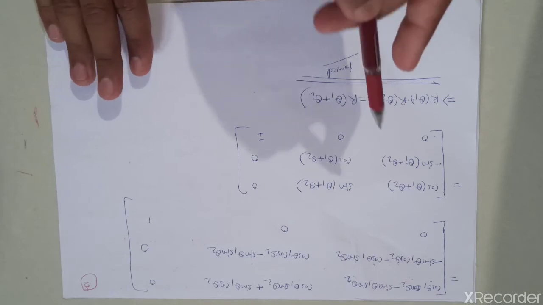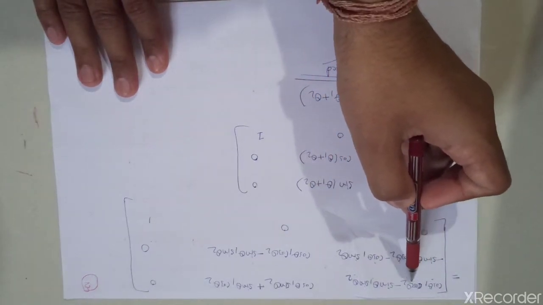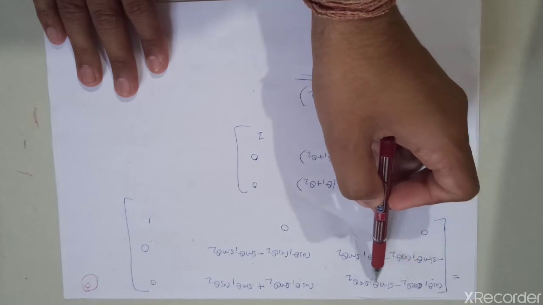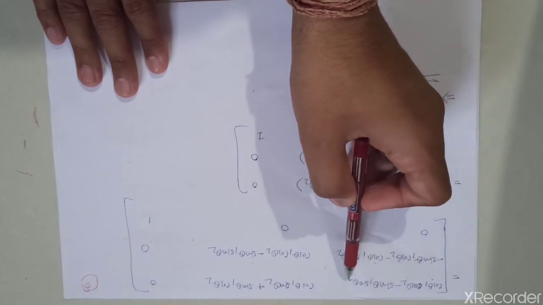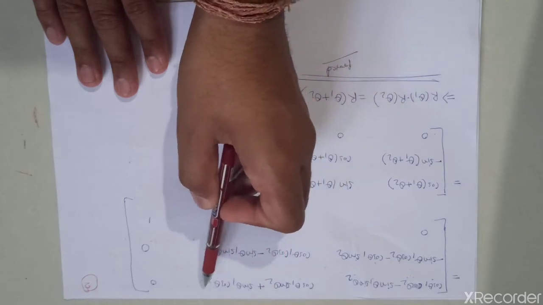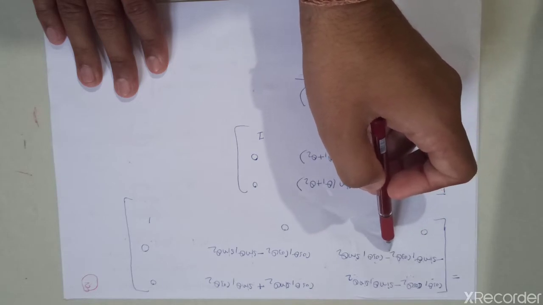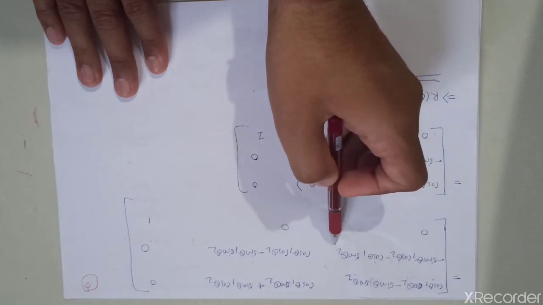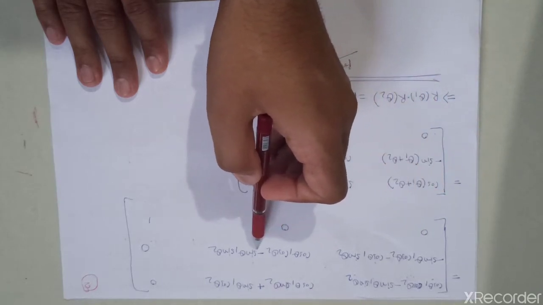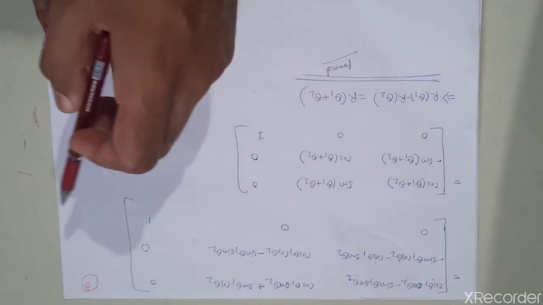Now if we multiply these two matrices, we get cos theta1 cos theta2 minus sin theta1 sin theta2, cos theta1 sin theta2 plus sin theta1 cos theta2, 0; minus sin theta1 cos theta2 minus cos theta1 sin theta2, cos theta1 cos theta2 minus sin theta1 sin theta2, 0; 0, 0, 1.